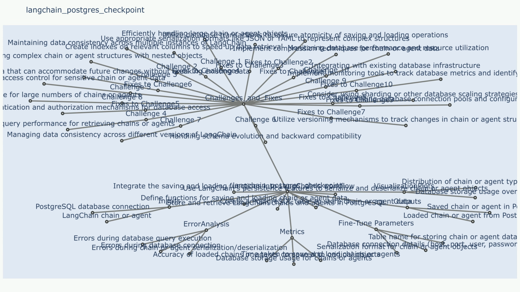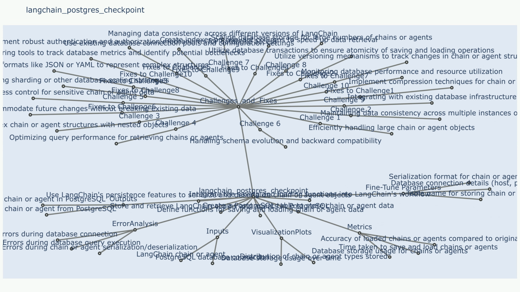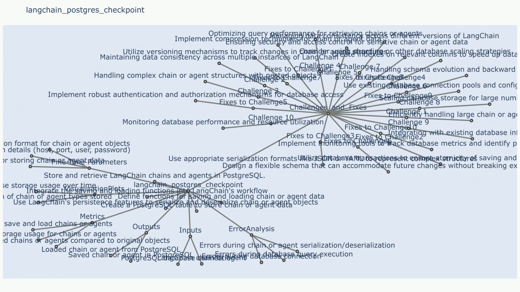This could be a conversational agent, a data retrieval agent, or any other type of agent built using Langchain. Database connection: a connection object to the PostgreSQL database where the checkpoint data will be stored. This typically includes information like database name, user credentials, and host name.